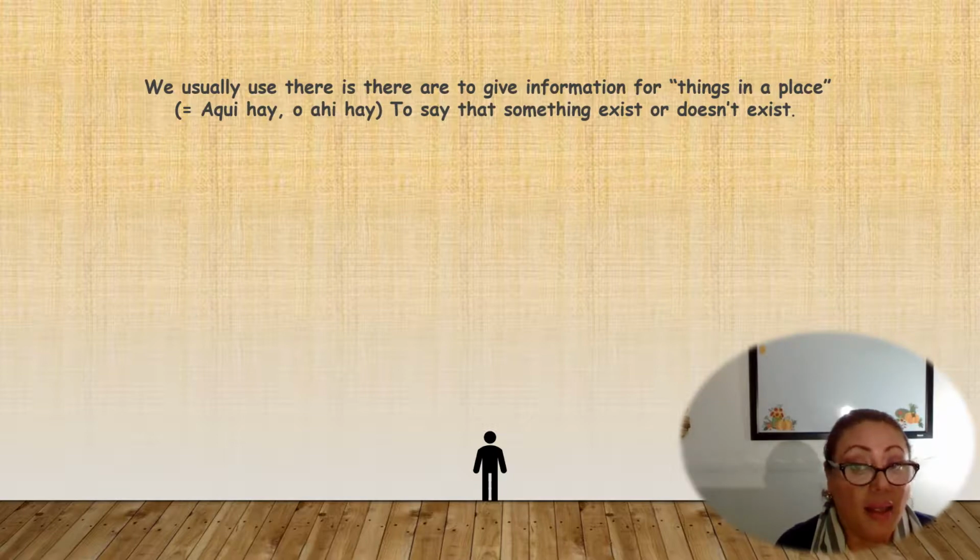So in that case, I need to ask, is there any supermarket around here? Or I can ask, are there any supermarkets here? So we're going to take a look at all those details in order not to make a mistake.